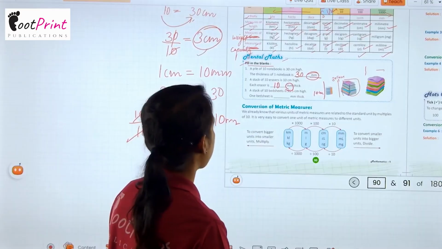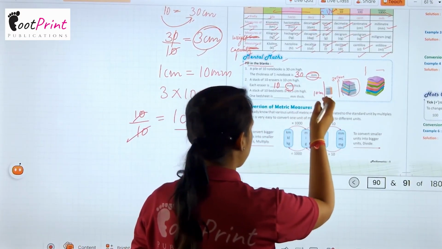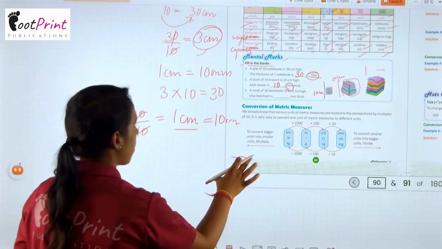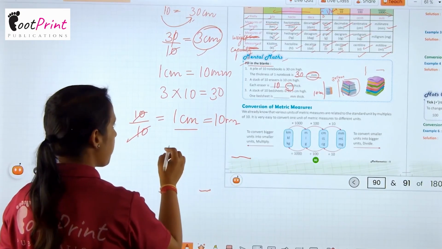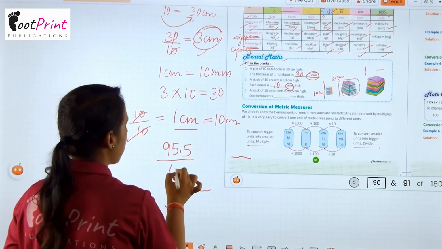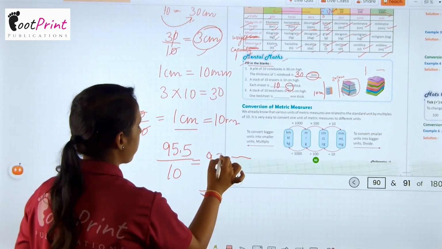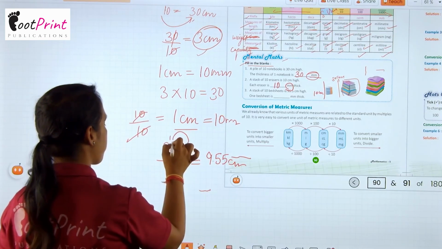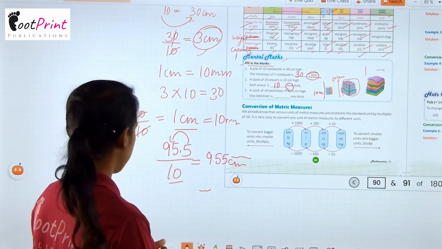In the same way, next we have a stack of 10 bed sheets that is 95.5 centimeter high. So here 95.5 divided by 10. What do we get? 9.55 centimeter. We know that if we divide by 10, we move the decimal to the left.